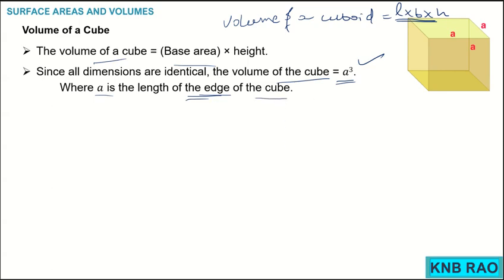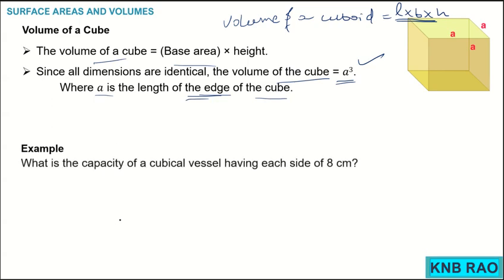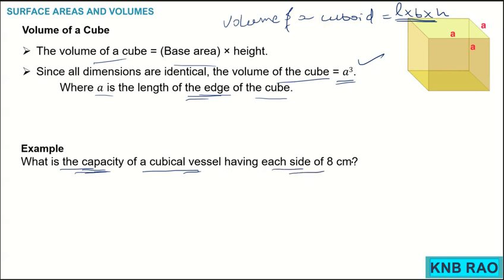Now, coming to the examples, here I gave you a question. What is the capacity? You know, volume is also called capacity. What is the capacity of a cubical vessel having each side 8 centimeter? So, the side, nothing but the edge here in the cubical vessel, 8 centimeter will be considered as the length of the edge.